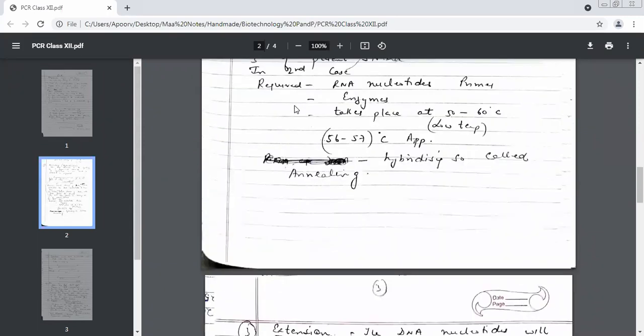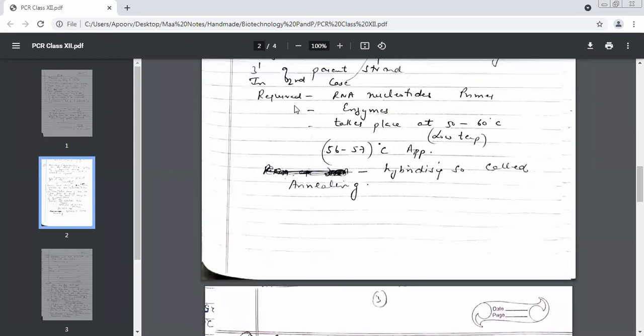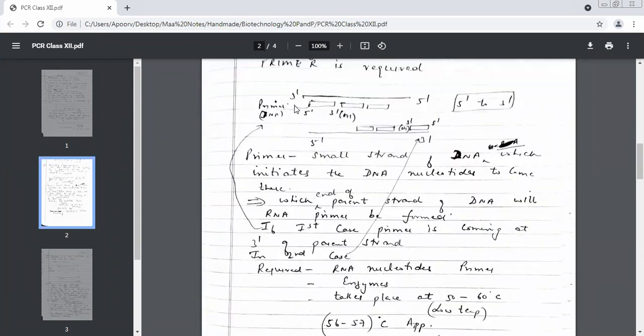What was the appropriate temperature? 56 to 57. So we have added something to the original strands of DNA. Now they have become hybridized. Hybridized means something added on or something changed. That is why this process is called hybridization or annealing.